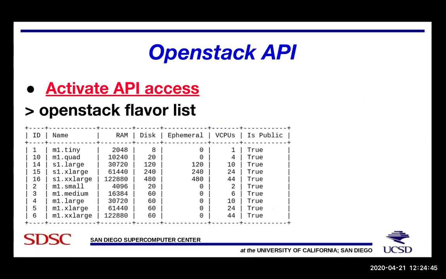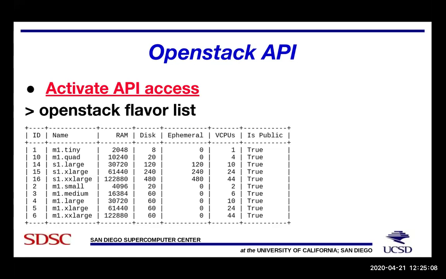Okay, so first step now. What we do is we can run the OpenStack command line tool. Basically, what we saw before, instead of asking OpenStack to create a virtual machine using the Atmosphere web interface, we can do that from the command line.